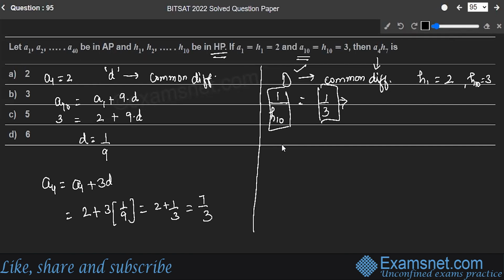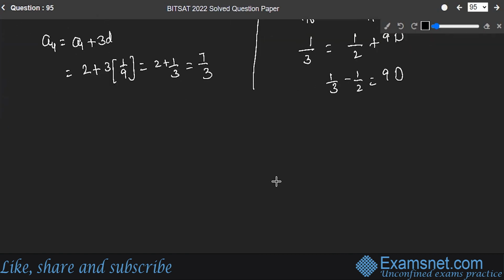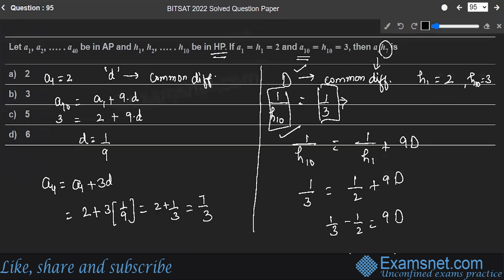So here, 1 upon H10 is given by 1 upon H1 plus 9 into common difference. And this is 1 by 3. This is equal to 1 by 2 plus 9 into common difference, or 1 by 3 minus 1 by 2 is equal to 9 into capital D. What does the D come out to be? This is minus 1 by 6 is equal to this, or you have minus 1 by 54 is equal to capital D.